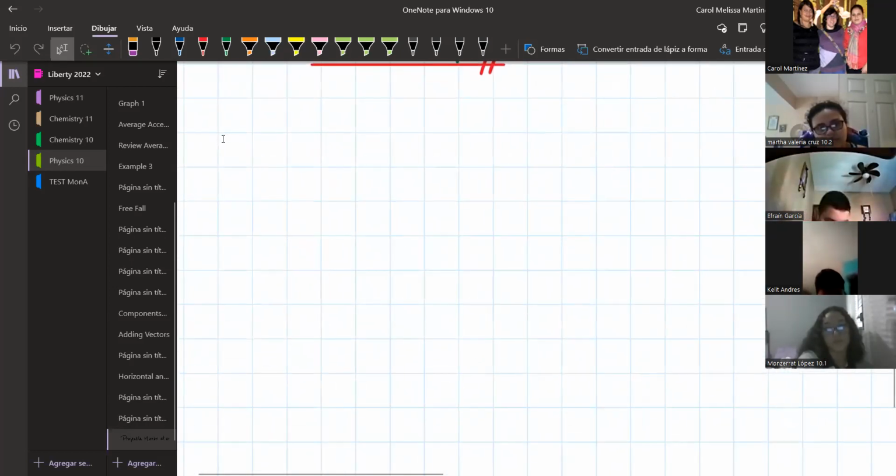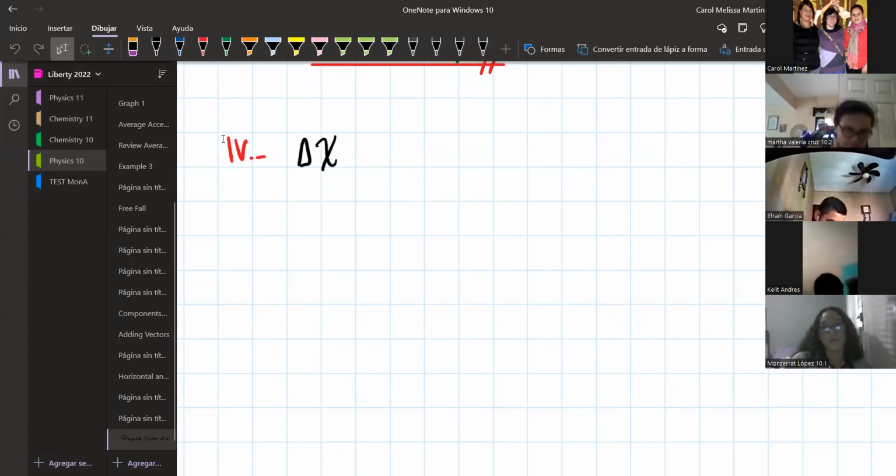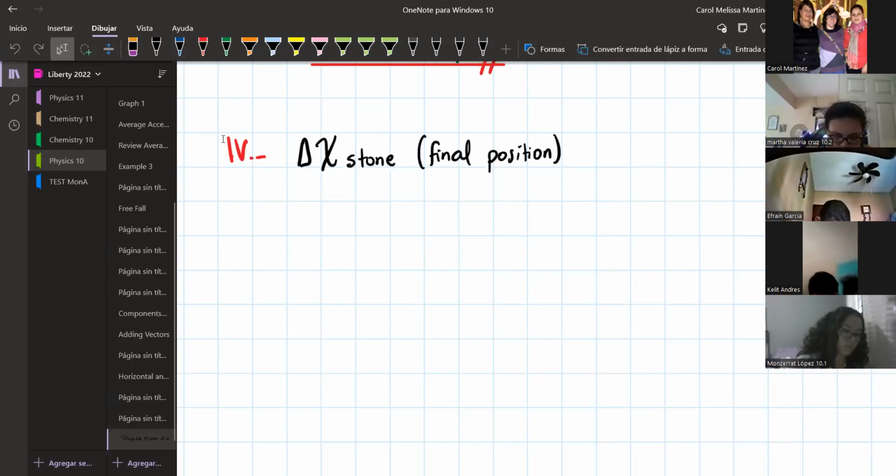So the next step, I think step number 4, is we're going to find the delta X of the stone, actually the final position of the stone. So we say delta X is equal to initial velocity in X times delta T.